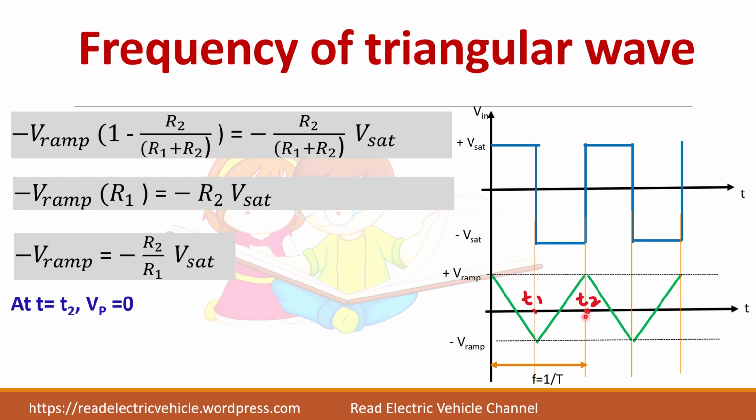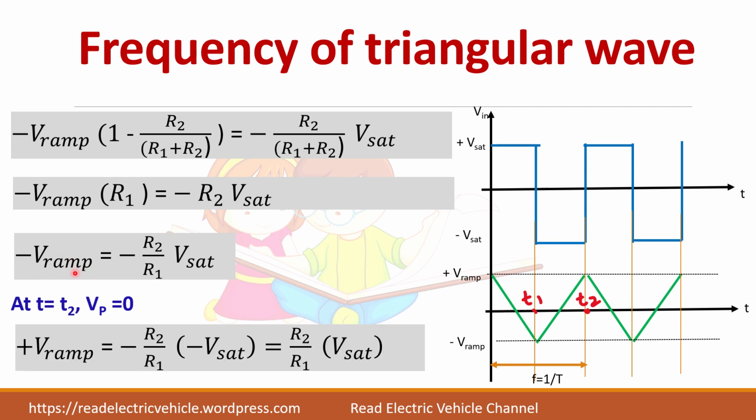Then at T equal to T2, again the output changes from minus Vsat to plus Vsat. It means that the P point has become 0 again, so Vp equal to 0. With that, we can write the plus V ramp value. Plus V ramp is going to be plus R2 by R1 into Vsat.